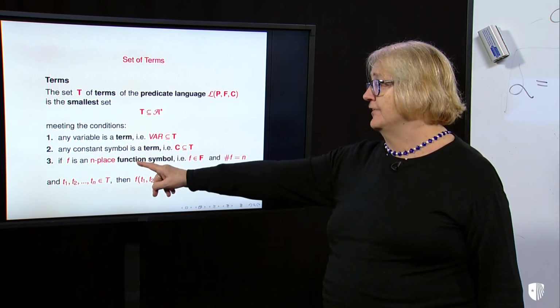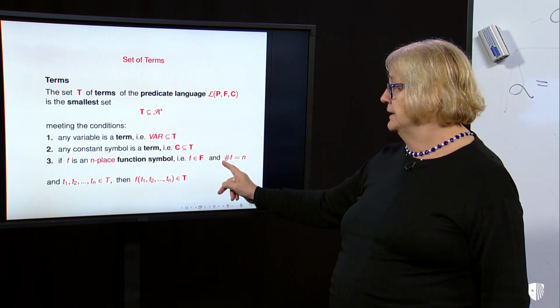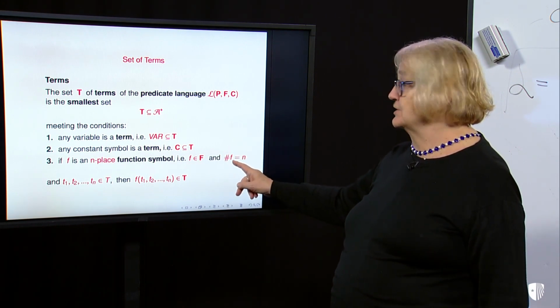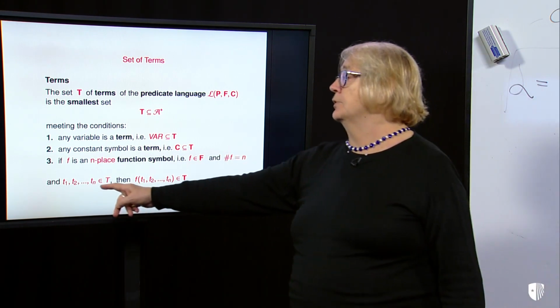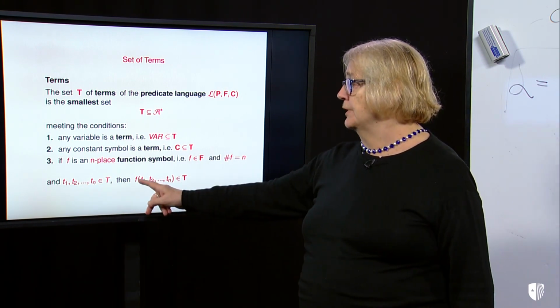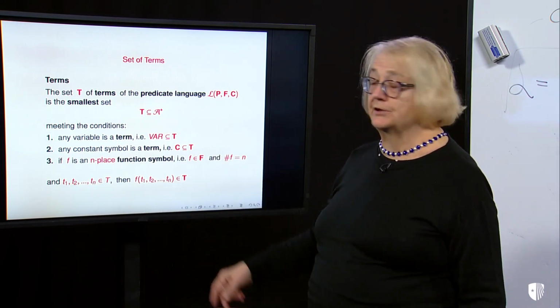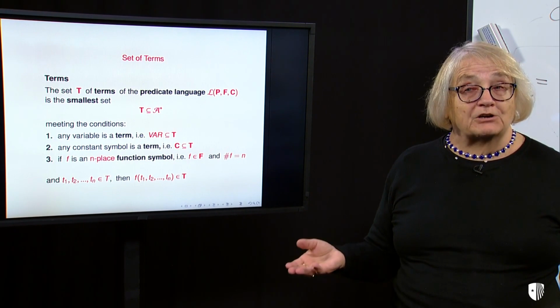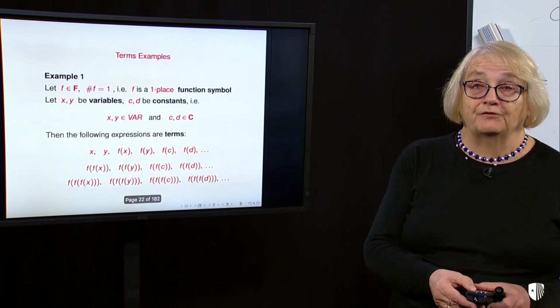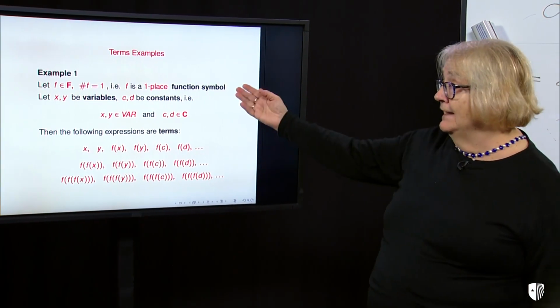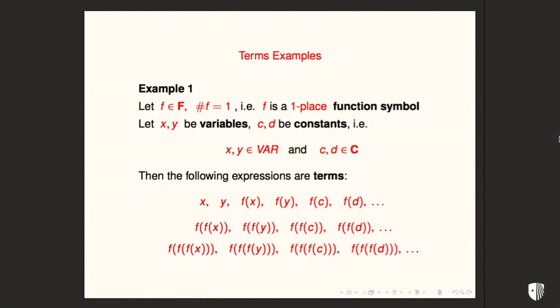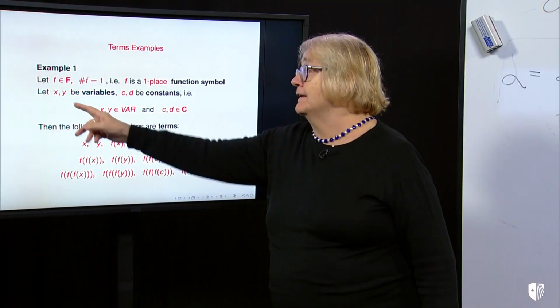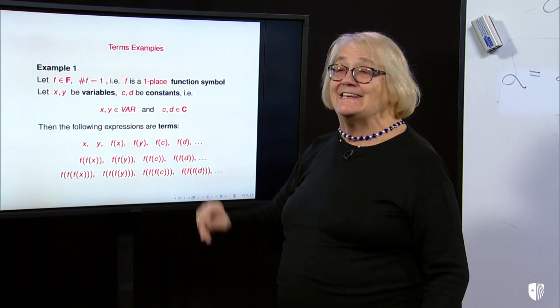And if f is an n-place functional symbol, it means the number of arguments of f is n, and you already have n terms, you can write f in front of those terms. That is really how you write functions and composition of functions. For example, let's say that f is a one-place functional symbol, and you have two variables. It always has an infinite number of variables. This is an example where we have two variables, and we use c, d for constants.